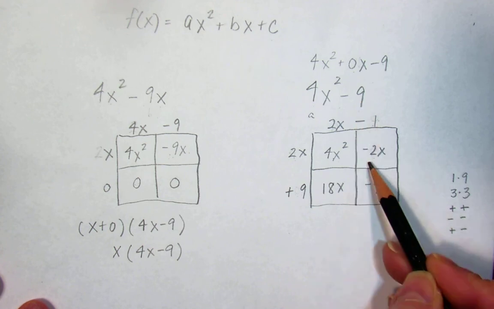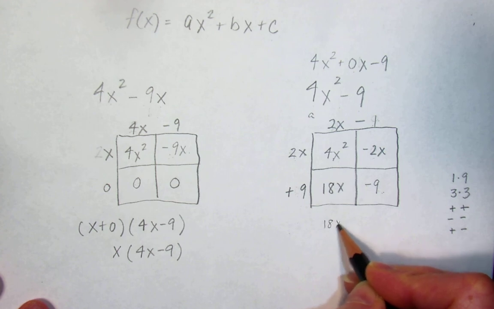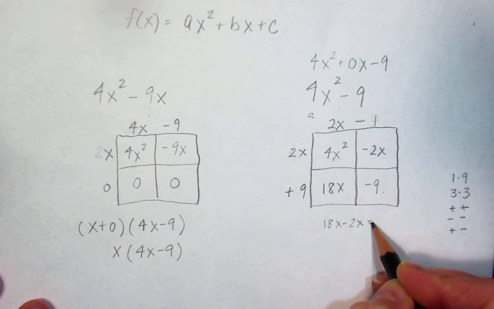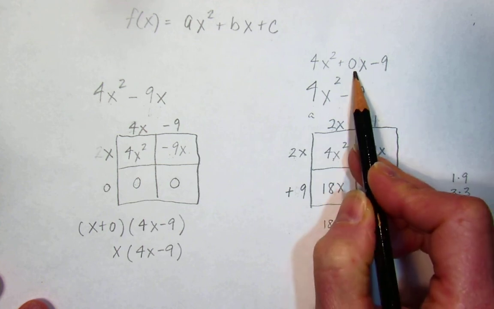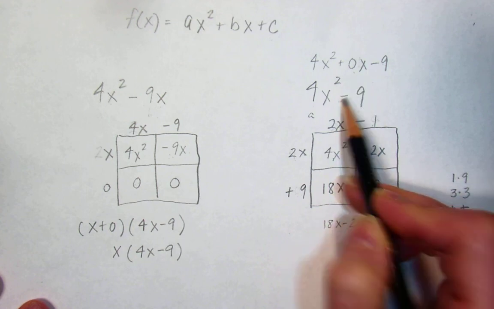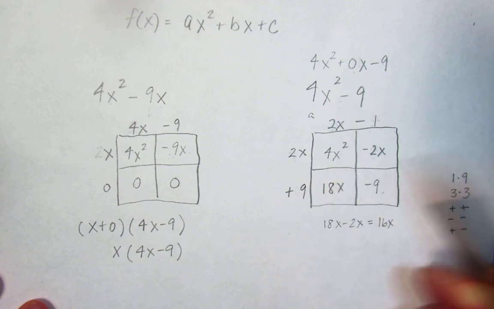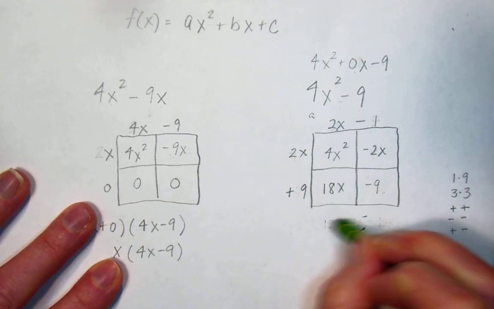Yep. What about these two terms here? What is 18x minus 2x? Isn't that 16x? Is that what I want? No. I need these to add up to 0 so that I don't have a middle term. So clearly negative 1 and 9 are not the option that I want to choose. Don't worry, that's why we have erasers.